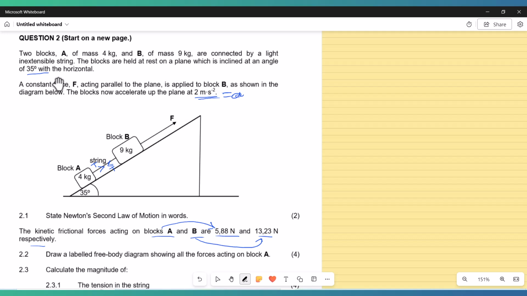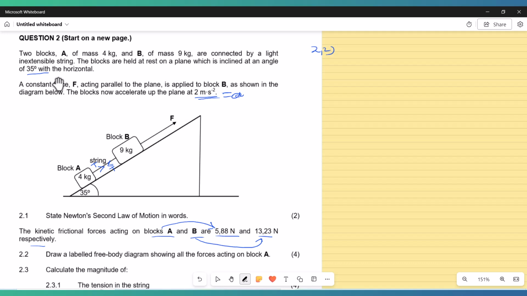They say draw a labeled free body diagram showing all the forces acting on block A. Now guys, if you're doing your free body diagram, I advise you to draw your surface first. You see my surface like this. So it's my question 2.2.